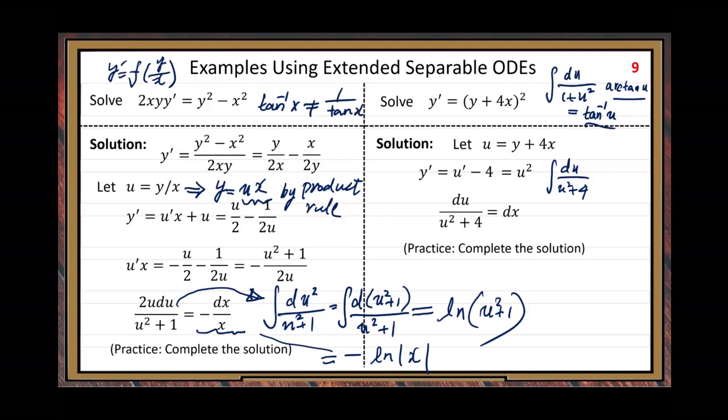If you write the reciprocal, you should write the whole tangent x in parenthesis to the power of -1.